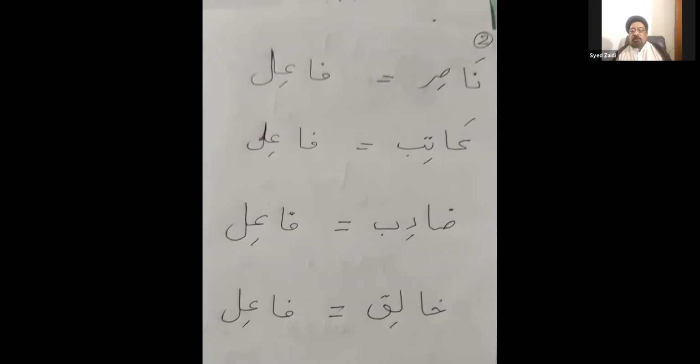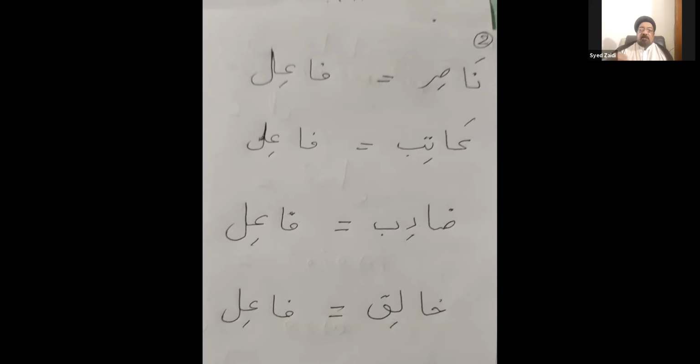Darb was to hit. Darib would be somebody who is hitting, the one who is hitting. So fa'il is the doer of an action, somebody who is doing something. So now you get the meaning by changing it into the templatic system.